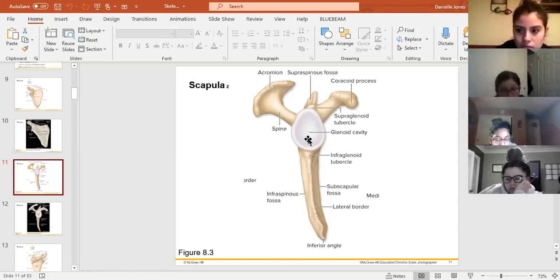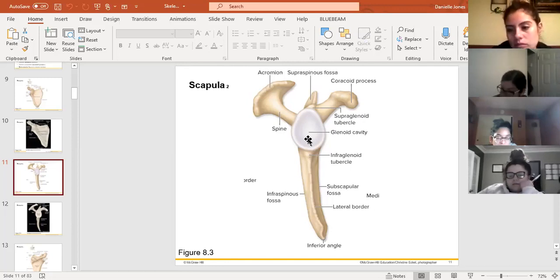Anytime you have a joint, it's basically going to tell you where it's from: the two bones or a bone and a structure. So, Danny, would it be like a socket? Yes, it's exactly a ball and socket. It has to be smooth right here for this fossa in order to be able to house this head of the humerus. And because of that, it allows for our rotation, for us to be able to swing our arm all the way around.